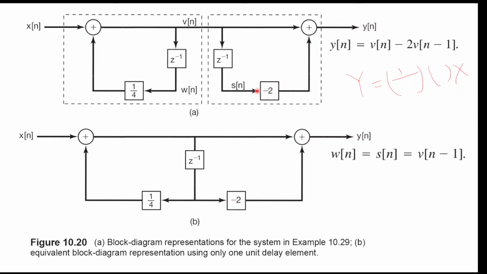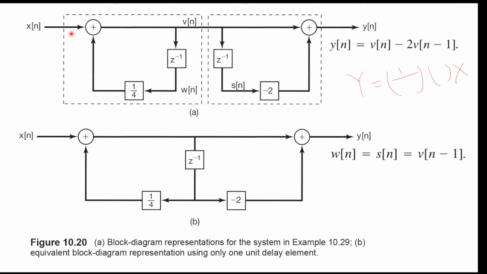If we want to save some components in our engineering, we can combine these z minus 1, because those two z minus 1 come from basically the same signal v of n. So we can combine them to get this diagram instead, which will be a little more economical.